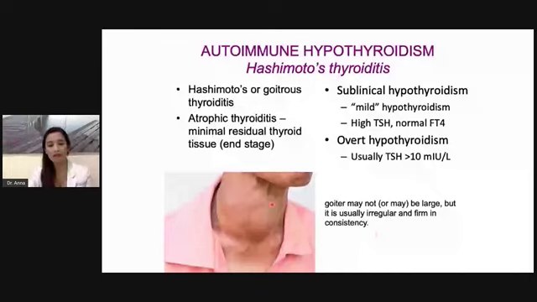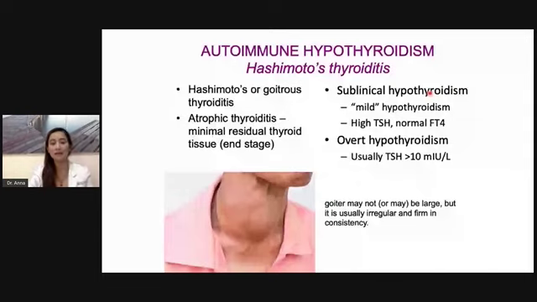In rarer cases, when it's very end stage already, when your thyroid gland has been consumed, you will have atrophic thyroiditis. Some patients, when it's just mild, or in the initial phase of Hashimoto's thyroiditis, have subclinical hypothyroidism, meaning the destruction of the thyroid gland is just beginning, or you can even have mild hypothyroidism.